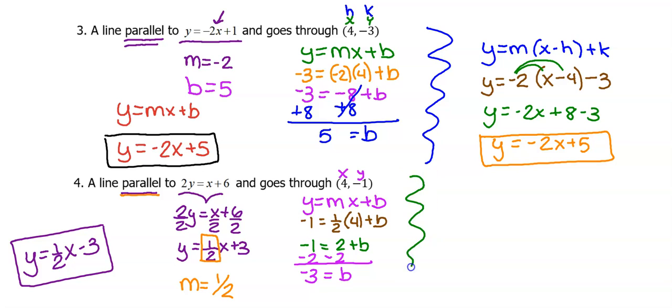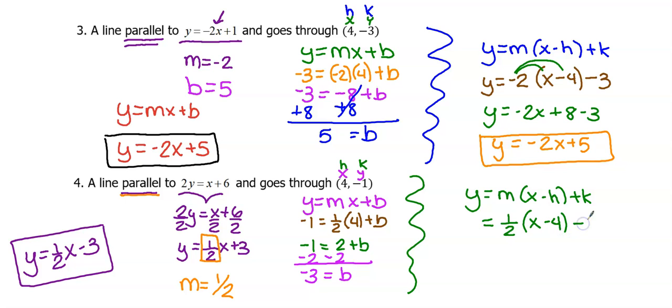And then just one last time, let's show you how that new formula could be nicer if you prefer it. I'm going to go with the y equals m times x minus h plus k. Again, the h is your x, the k is your y. We already knew the slope is 1/2. 1/2 of x minus 4 plus a negative, I can just write it as -1.